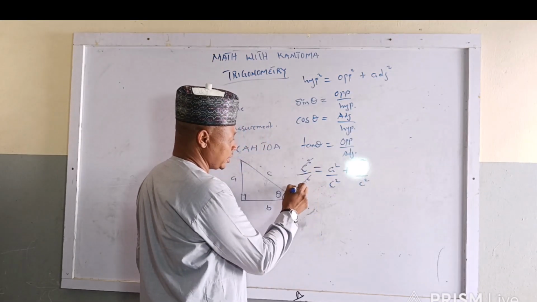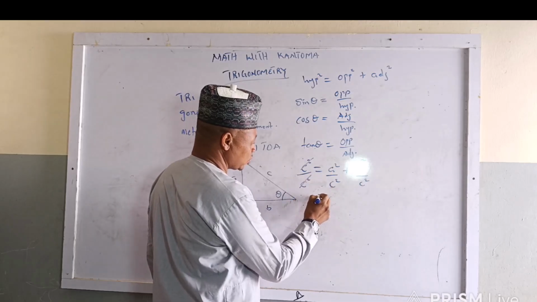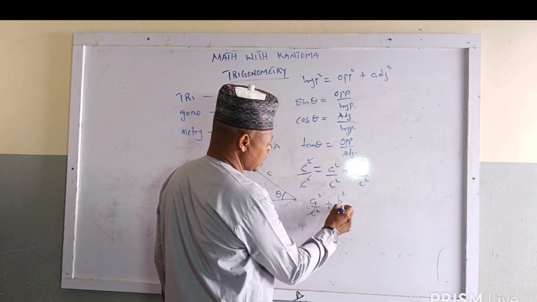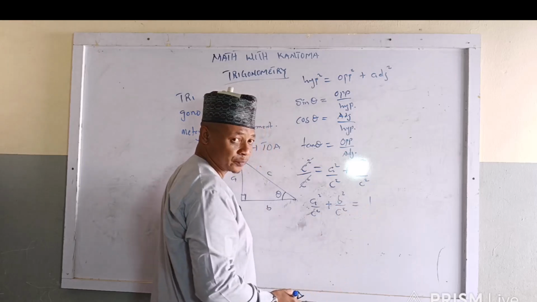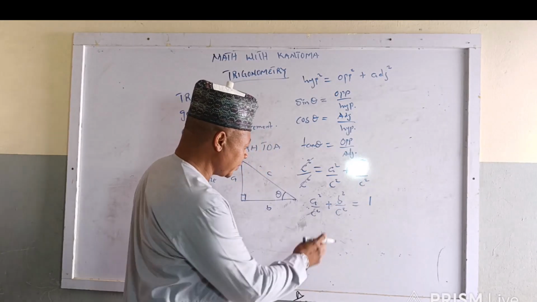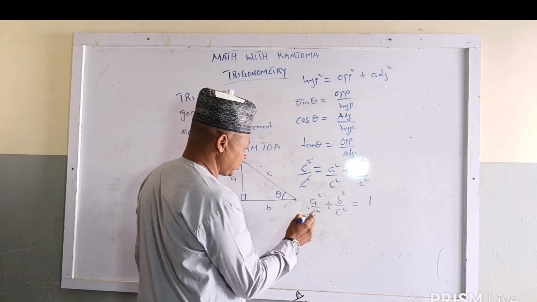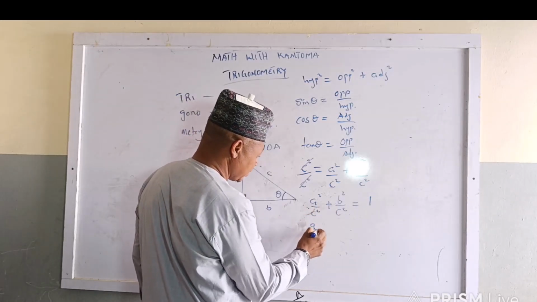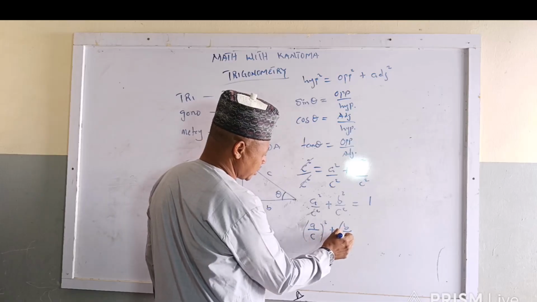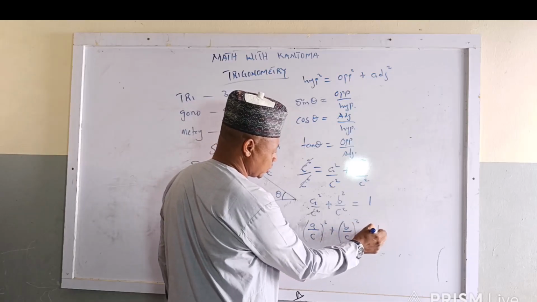This will cancel with this, so we'll be left with A squared over C squared plus B squared over C squared is equal to 1, right? This value can be written as (A over C) all squared plus (B over C) all squared is equal to 1.